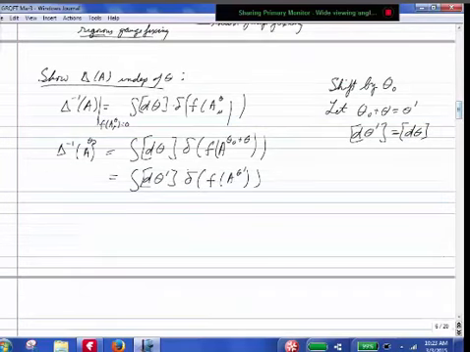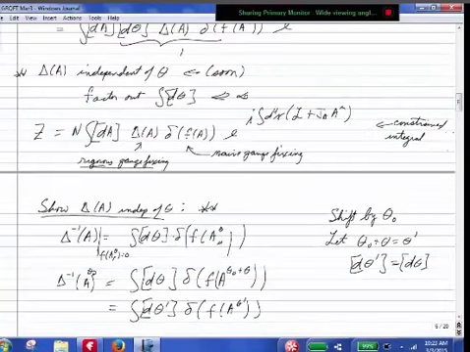So let's just go back here. What I'm really saying is if I shift this by theta plus theta 0, shift it by a bit, I can then just convert this into theta prime.